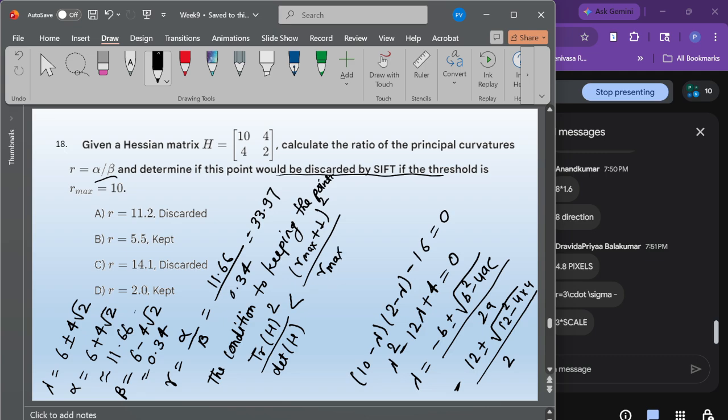This is the condition for keeping that SIFT point. Now, can you calculate the trace and determinant of the Hessian matrix? Can you let me know what will be the trace of this matrix?